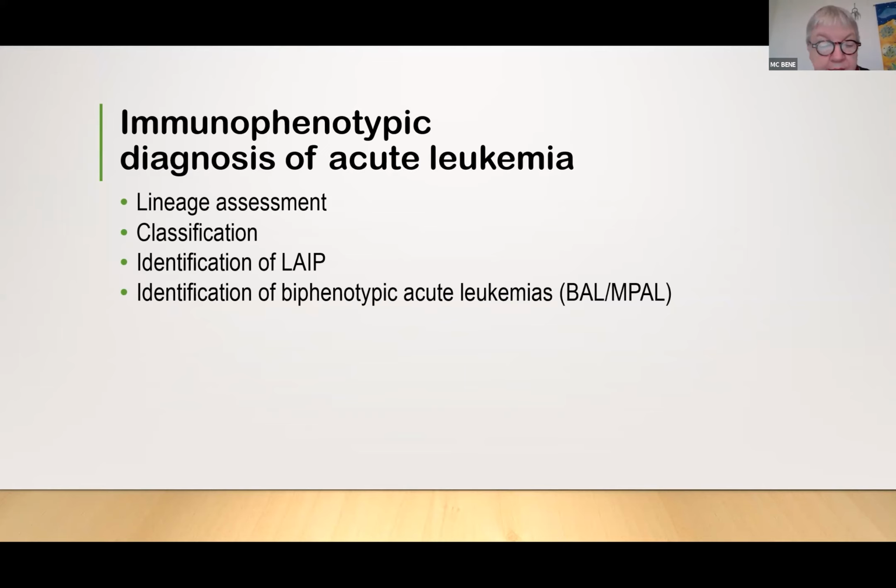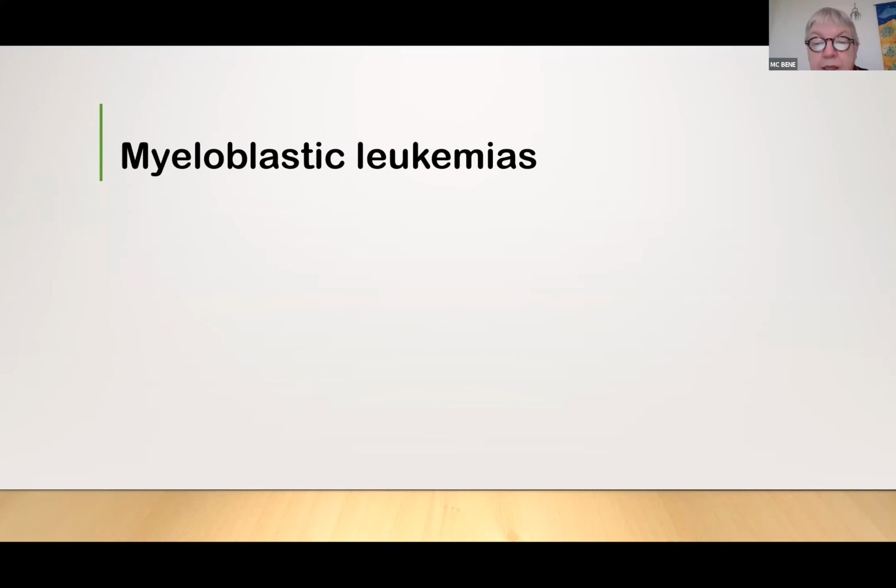And of course, and that's what we're going to talk about today, they are important to identify what was initially called biphenotypic acute leukemias, which is now called MPAL. So to do that, you need an extensive immunophenotyping panel, and it will allow you to find out whether your cells are myeloblastic or lymphoblastic.